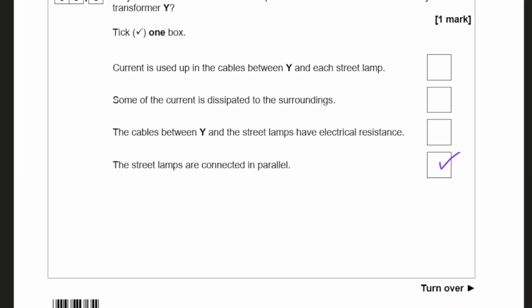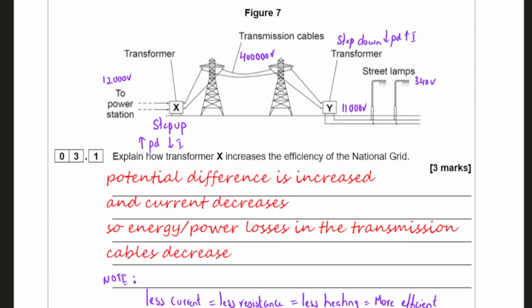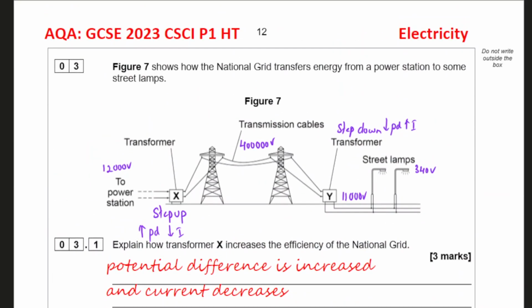Ideally, if it was in the class, I would say that usually you would have another step-down transformer before it's connected to the street lamps. Right now it clearly shows that they are connected in parallel, right over here. So this is actually a parallel connection.